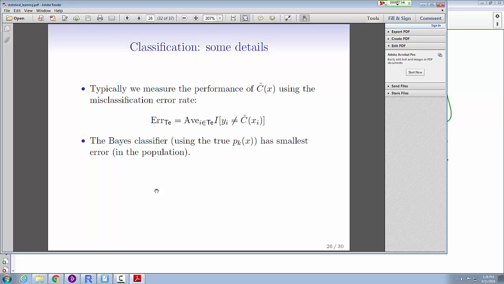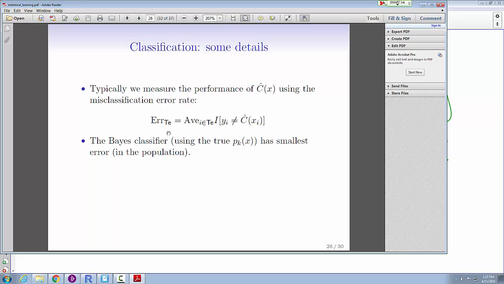So of all the predictions I made on my test data, suppose we have a held out set of data for which we know the answer, but they were not used in building the model. If I make predictions for them, then the number I'm going to use to quantify my confidence in the model is the proportion of those test observations that I got wrong. The misclassification error rate. What proportion of the test individuals did we incorrectly classify?